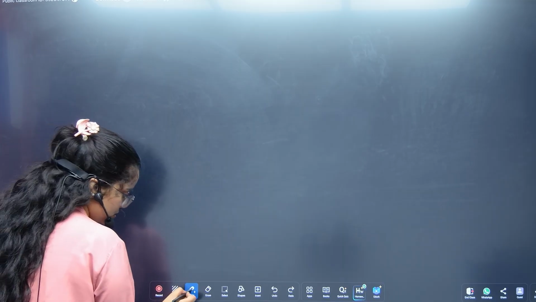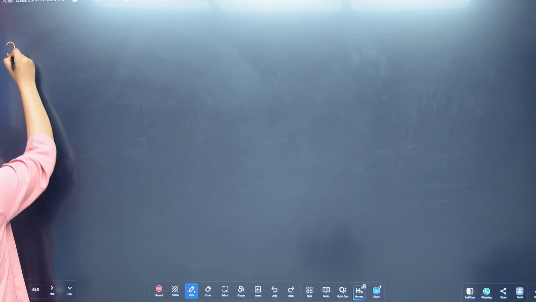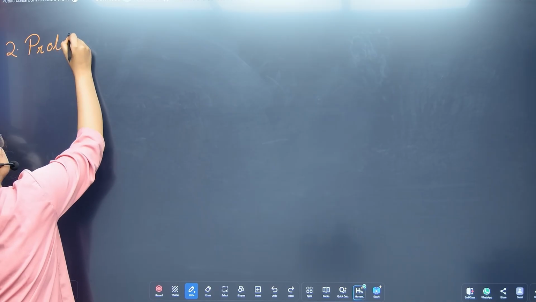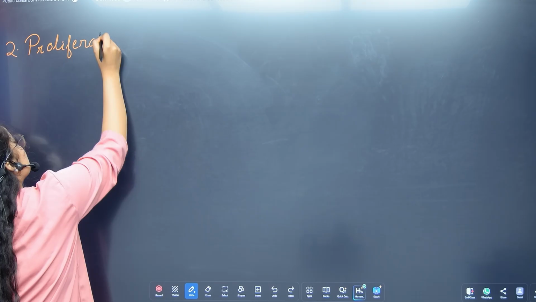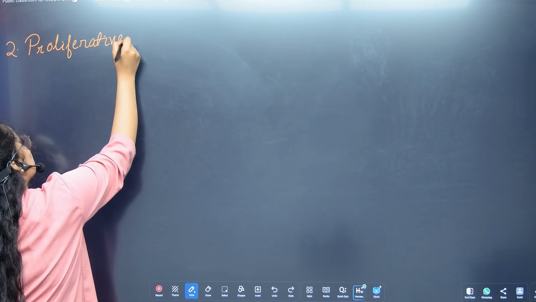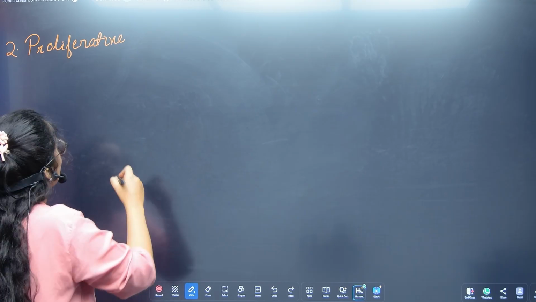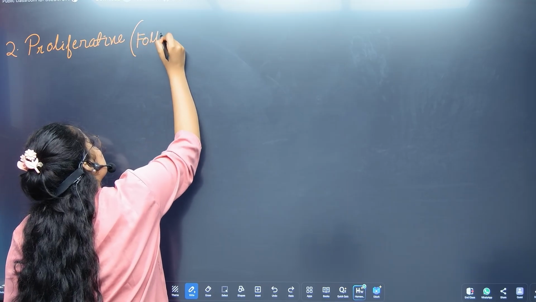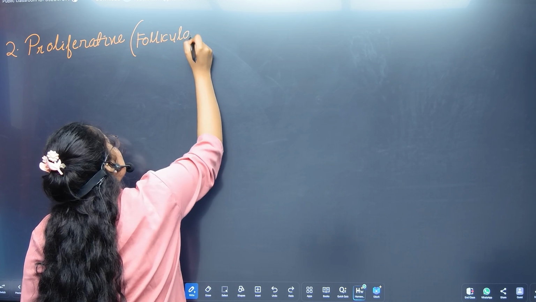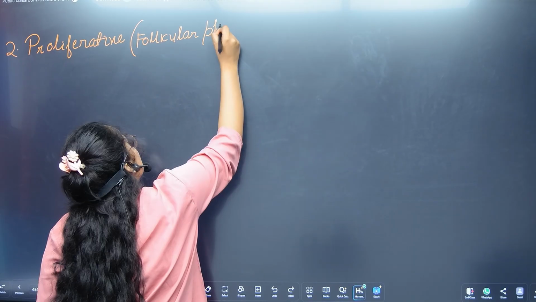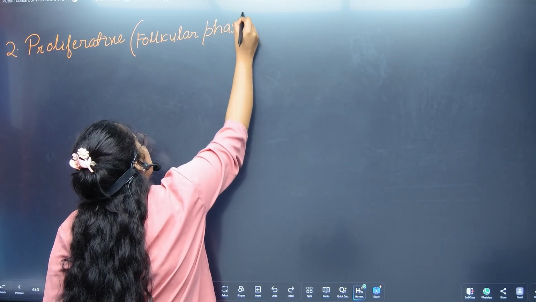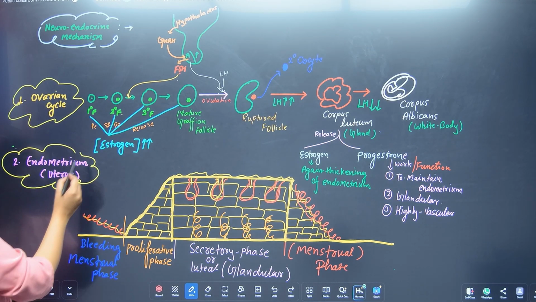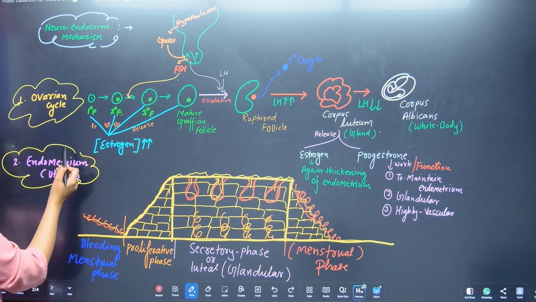Now we are going to discuss the proliferative phase, which is also called the follicular phase. Since we had seen earlier, there is growth of follicles taking place in the ovary.